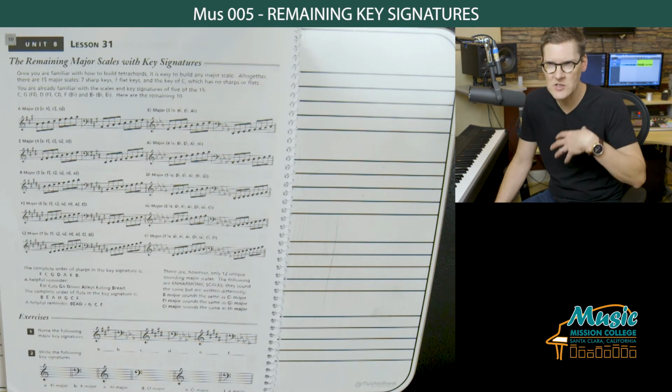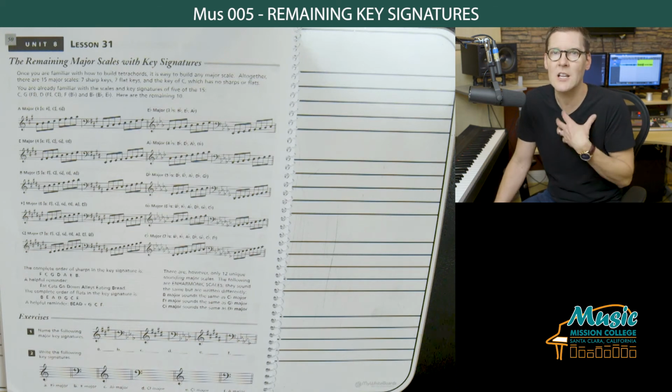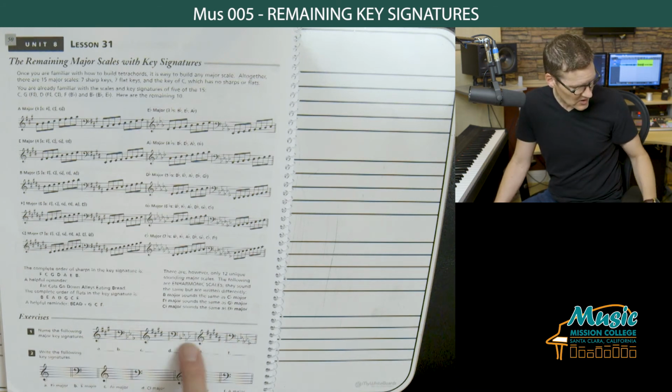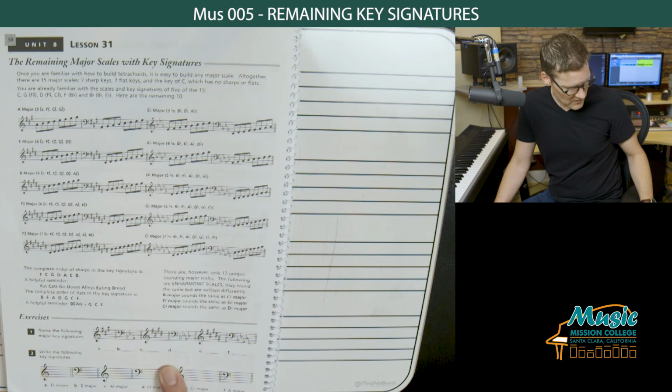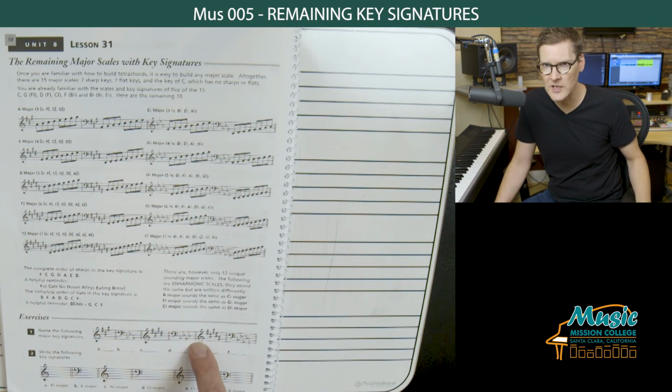But it's really just practice. It's like learning your times tables. Eventually, you just kind of memorize them. And honestly, that's the easiest way to get the information into you as solidly as possible. So go through the bottom of page 50 and practice identifying the keys by the number of sharps they have.